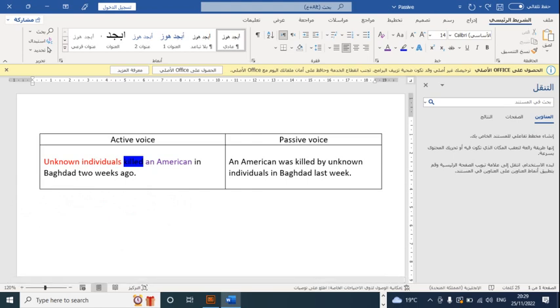How to phrase it? First, we have a number of steps. First, we need to place the object at the subject position, in the beginning, or at the beginning of the sentence.